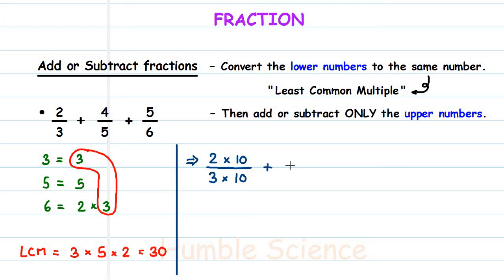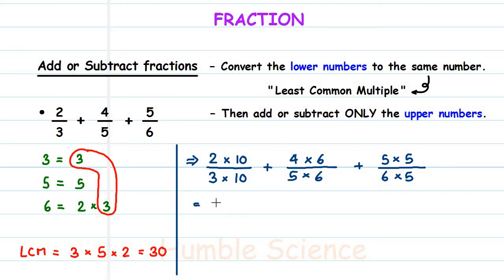Plus, for the second term, 5 has to multiply 6 to be converted to 30, and the upper part has to multiply 6 as well. And then plus the third term, 6 has to multiply 5 in order to be converted to 30. So the top part has to multiply 5 as well.